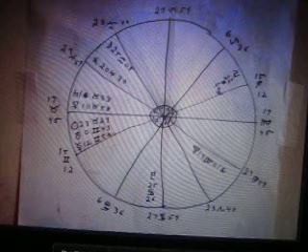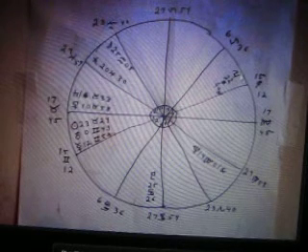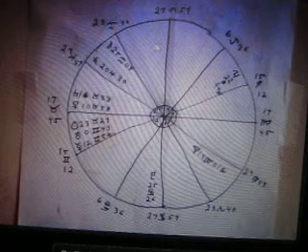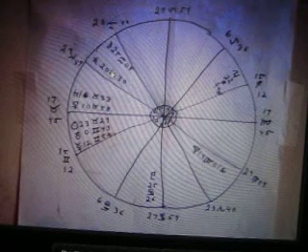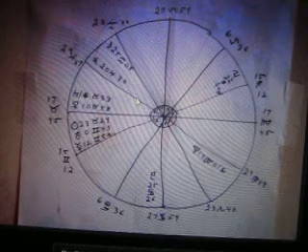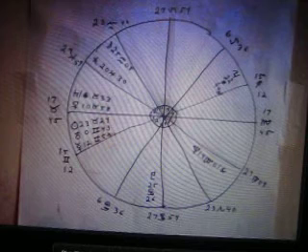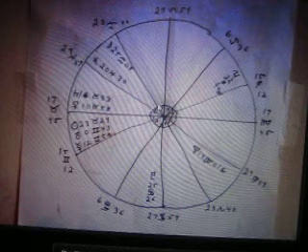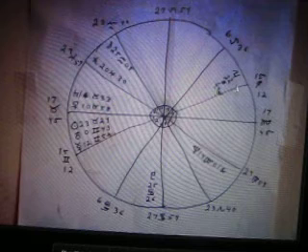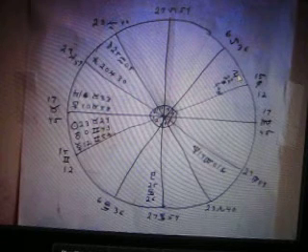Now, the next square aspect is going to be between Jupiter in Sagittarius and Saturn in Pisces. Now, the Jupiter square Saturn may indicate responsibilities may conflict with the expansive, exuberant side of Jupiter in Sagittarius here.